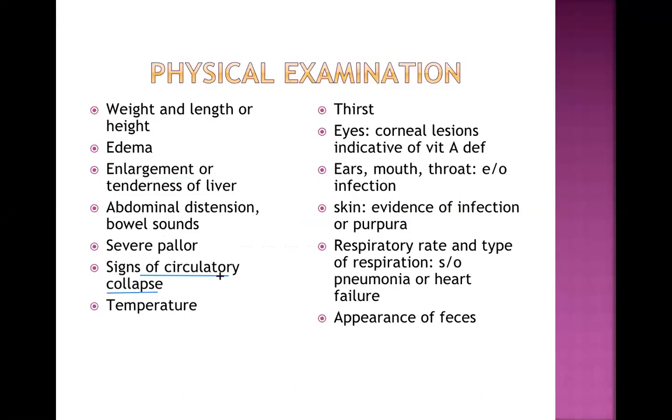One is hypovolemic shock as a result of severe diarrhea and vomiting, which is very common in malnutrition. Another is septic shock because of lack of immunity, okay. There is septicemia or infection with high chance, any type of infection that can easily spread in the body, resulting in septicemia and septic shock. So we should examine for those signs.